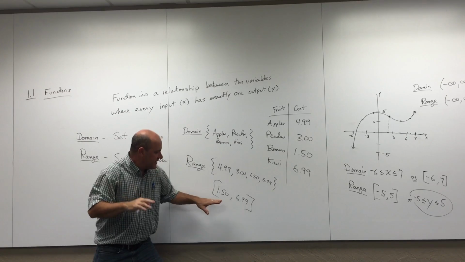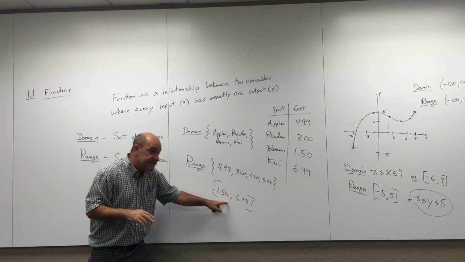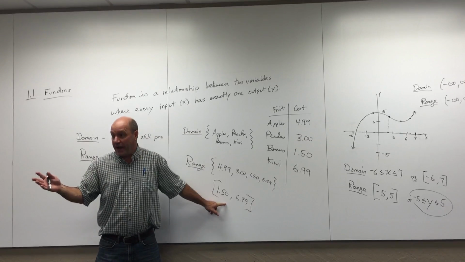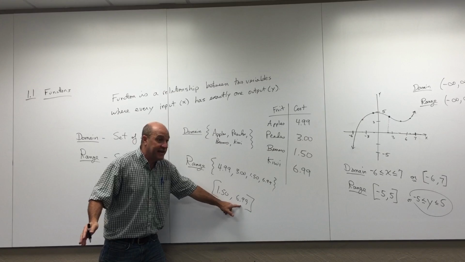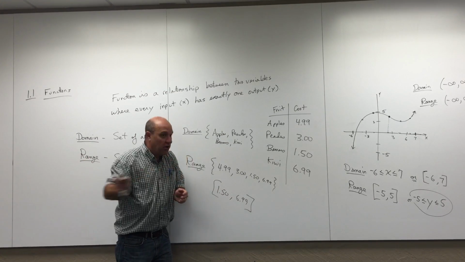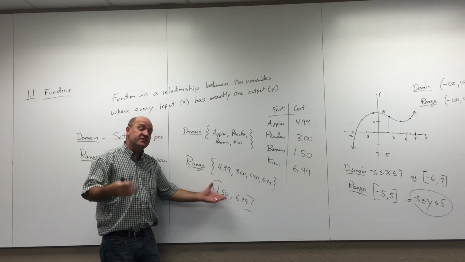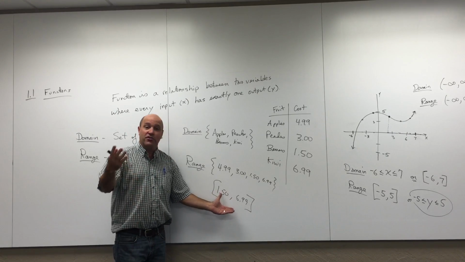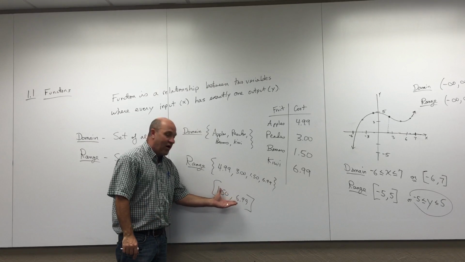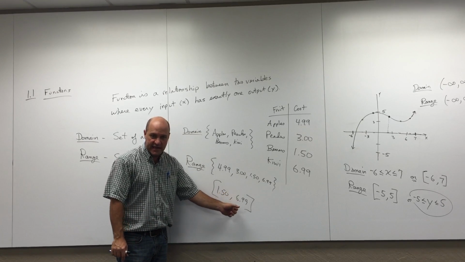Yeah, right. It's hard. Listen, I'd say what's wrong with this is this implies that the range has all prices between $1.50 and $6.99. In other words, this is my interval on a number line, and it would include this. Writing it like this would include $1.51, $1.52, $1.53, $2.99. It would include all numbers from $1.50 to $6.99.